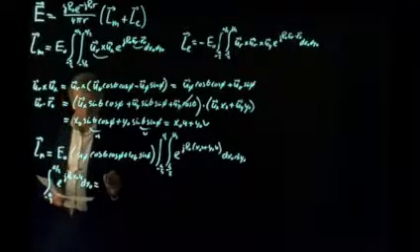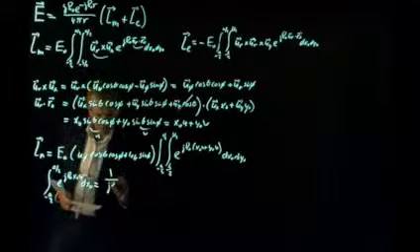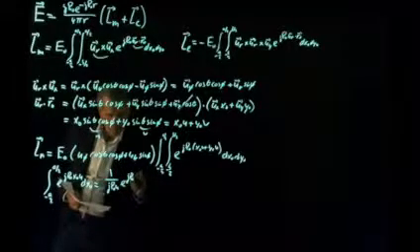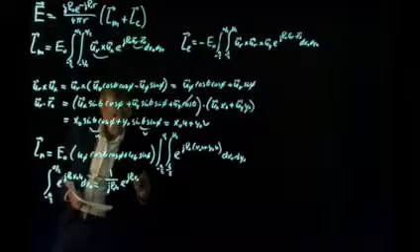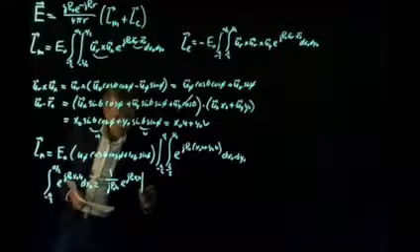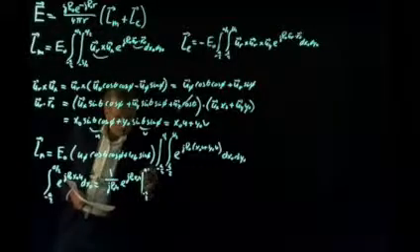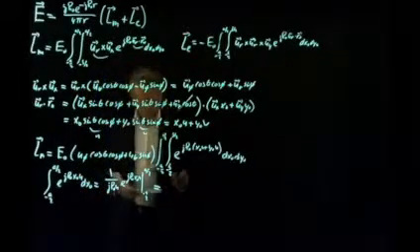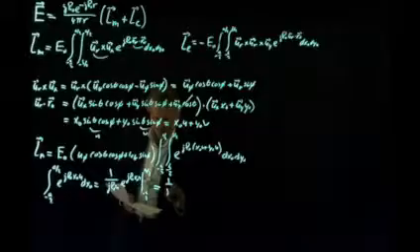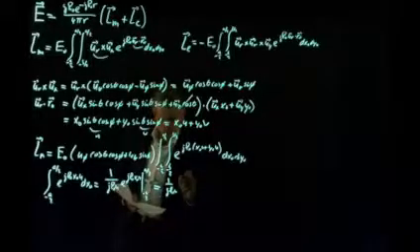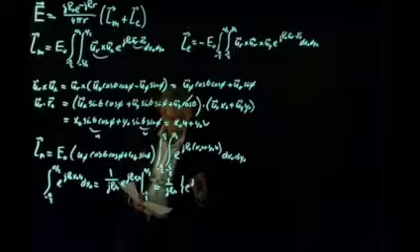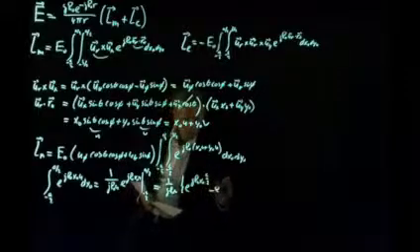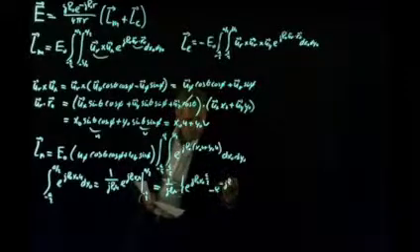Well, this is quite common, and the result is this: x0 u evaluated in the boundaries minus a over 2 to plus a over 2, and that at the end gives us this expression, two exponentials, a over 2 minus the same one but with a minus sign.